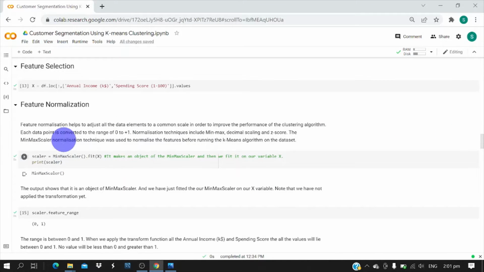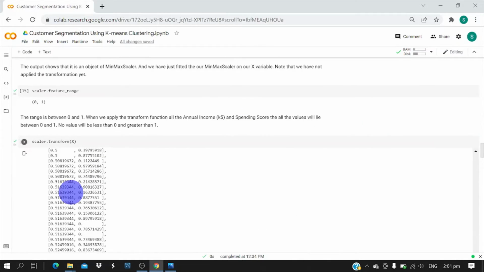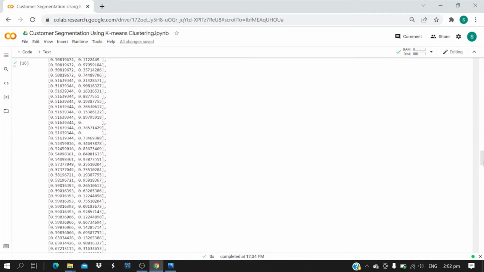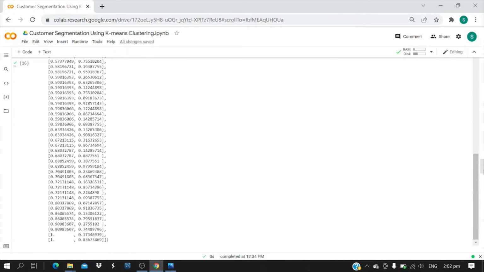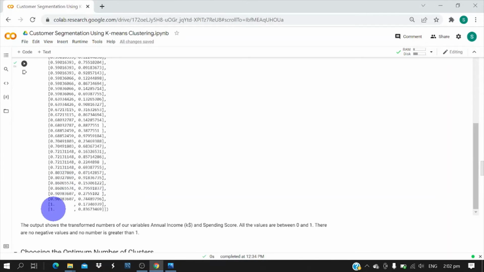I used the min-max scaler, as you can see over here, and here you can see the range of the data elements is between 0 and 1. You can see the output 0.5, 0.5. This represents the annual income, and this represents the spending score. You can see the data element 0.5, 0.3, and there are no values above 1 and no values below 0. So you can see 0 and you have 1.